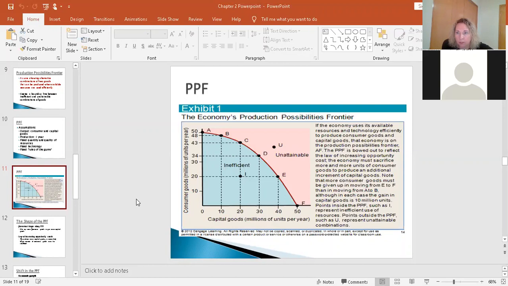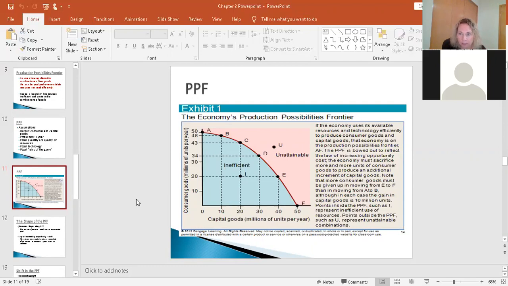That's the increasing opportunity cost. So we start at A and we go to F. In order to gain the same number of additional units of capital good, we have to give up more and more and more of our consumer goods. Okay, so just hang on to that.